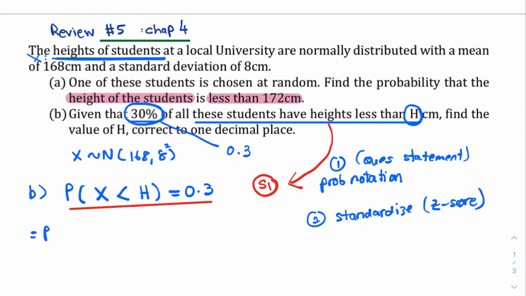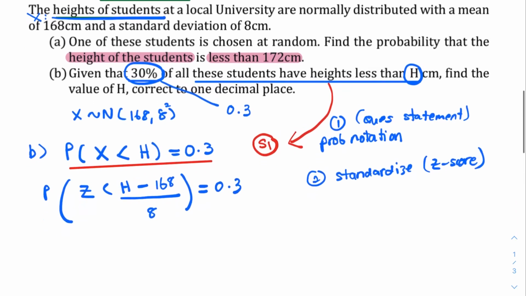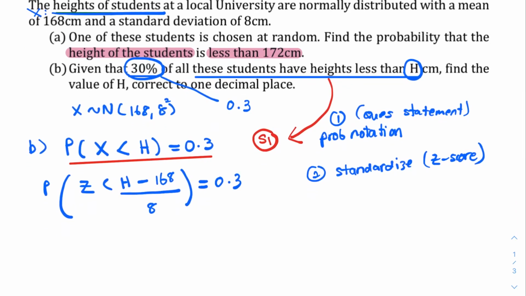So P of Z less than H minus mu, known 168, and your sigma is 8, known, is equivalent to, you don't have to put this, still 0.3. It doesn't change because you are talking about the probability over here.